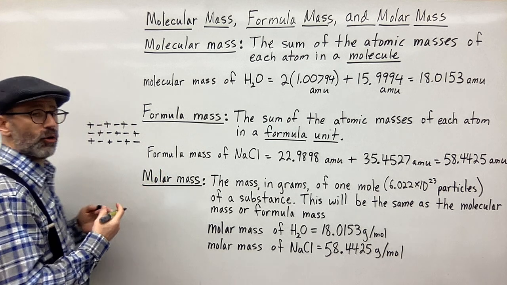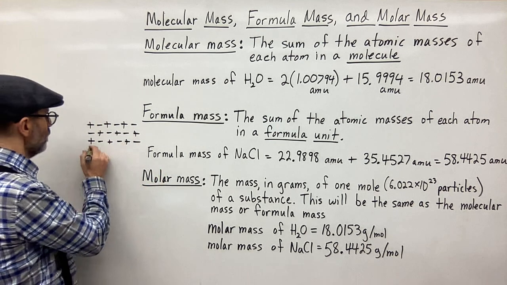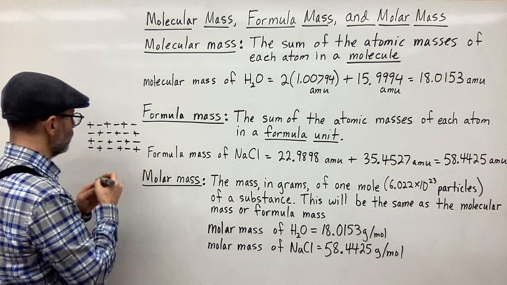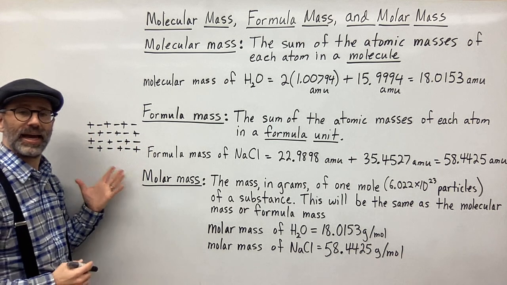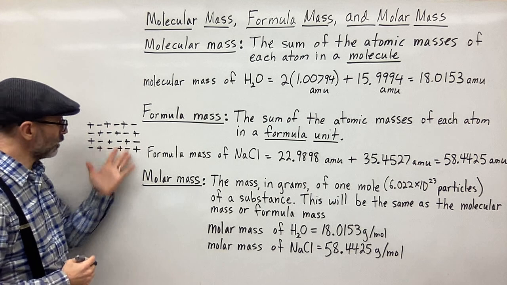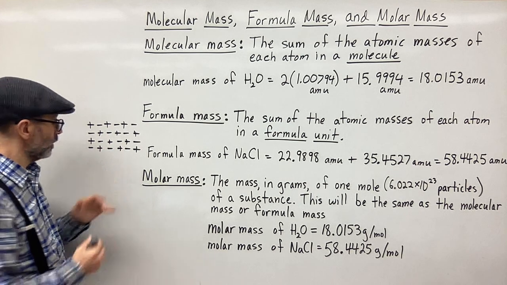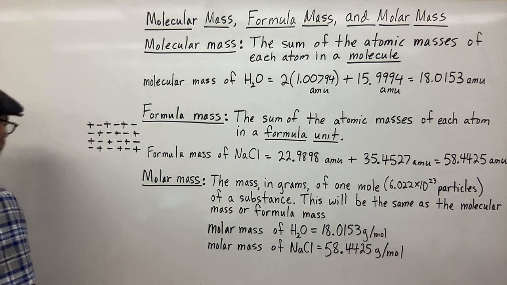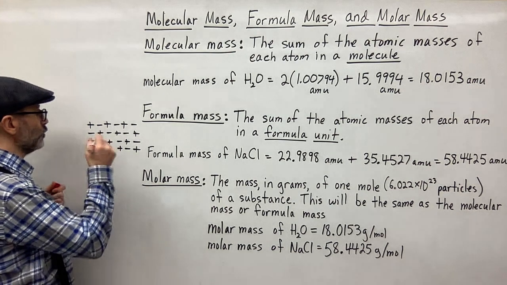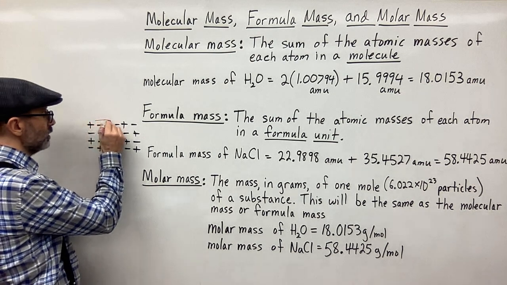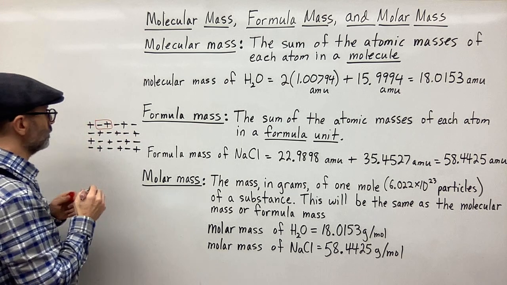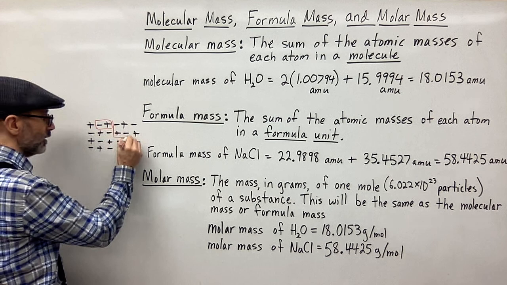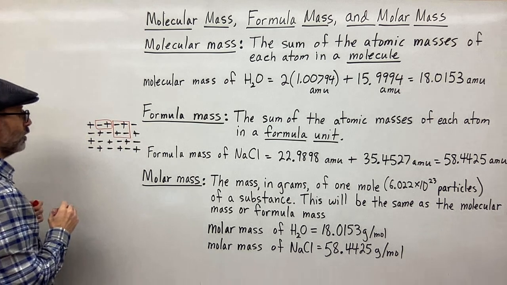So for the formula of an ionic substance, let me do one more row: negative, positive, negative, positive, negative, positive. If this is my NaCl structure, this is my crystal of sodium chloride, then I could choose this as the unit, or I could choose this as the unit, right?